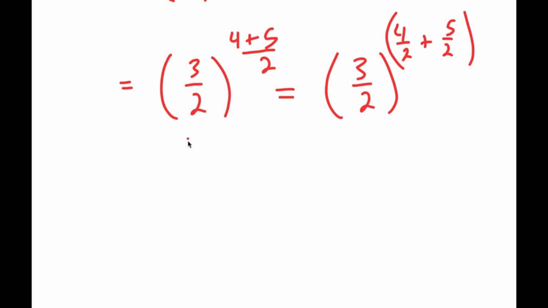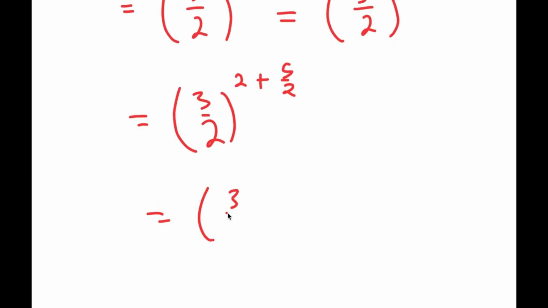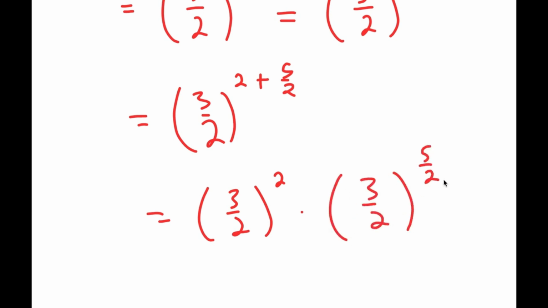Now from here, I get (3/2) to the power of 2 plus 5/2, because 4 divided by 2 is 2. So this gives me (3/2) squared times (3/2) to the power of 5/2.